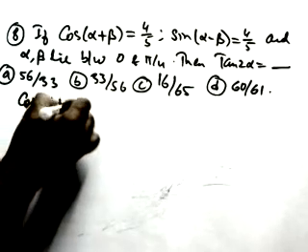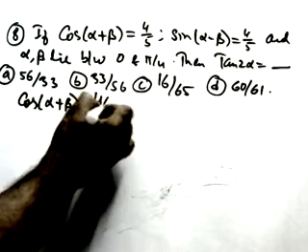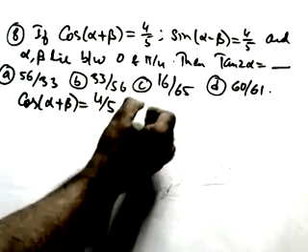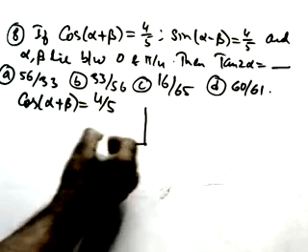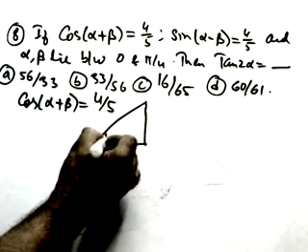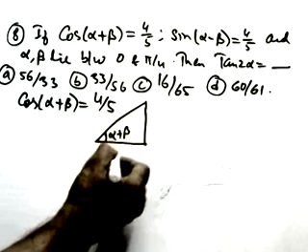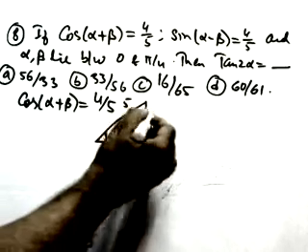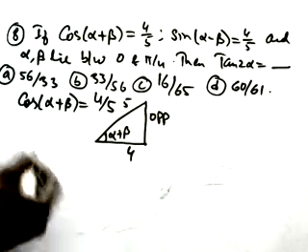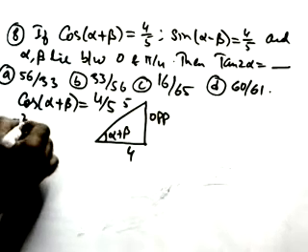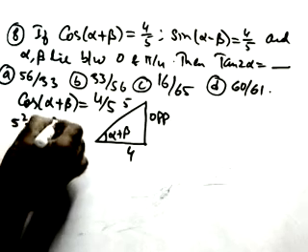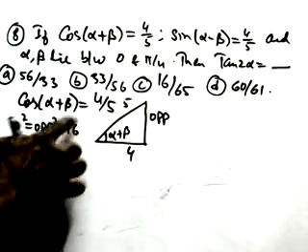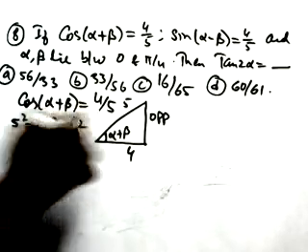Watch carefully. See here, cos of alpha plus beta equals 4 by 5. We know the basics. Let us take this angle as alpha plus beta. Then cos is nothing but adjacent by hypotenuse, so we have to find the opposite. We know the Pythagoras theorem: hypotenuse square equals opposite square plus adjacent square.